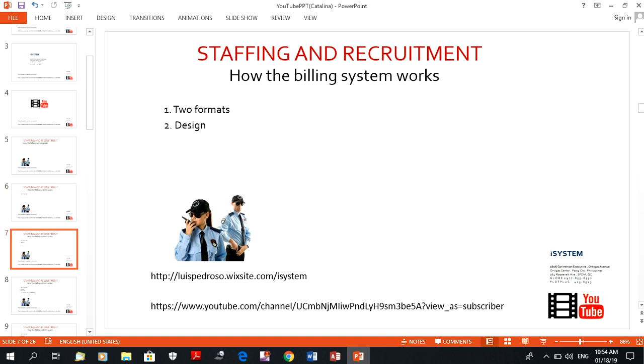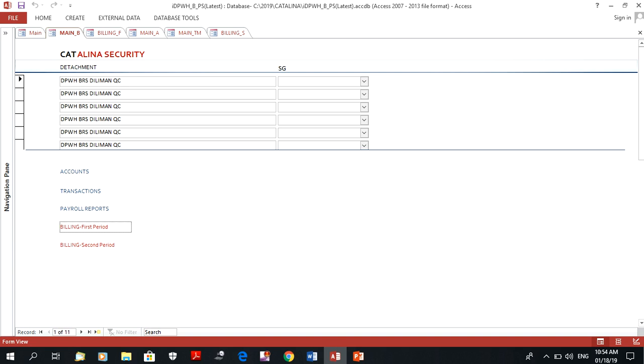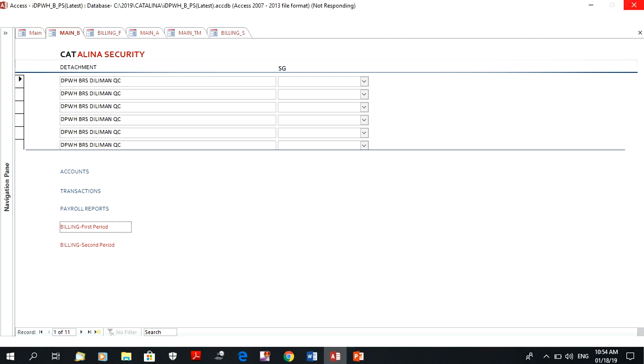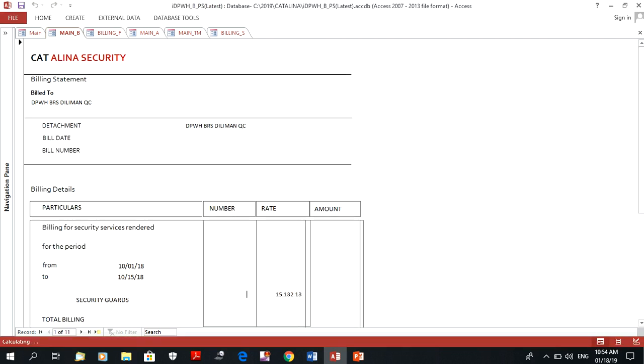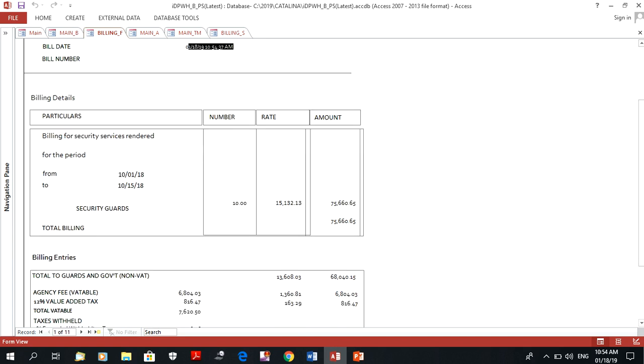Now in the design of this billing, the first format looks like this one. This is how your billing would look. It takes a lot of time to load, but if you are using a faster unit, then it should be fast. Briefly, the detachment is on the upper portion, and the date is the default, automatic date and time when you are running it.